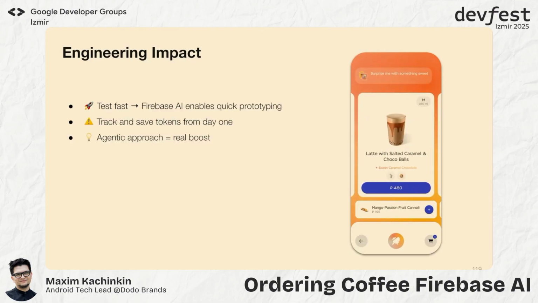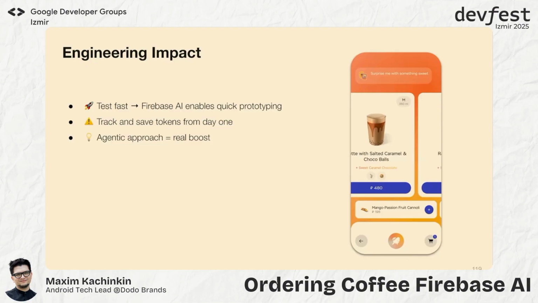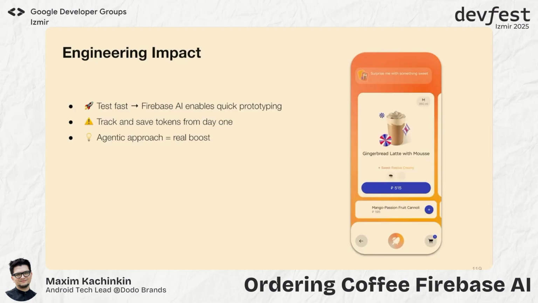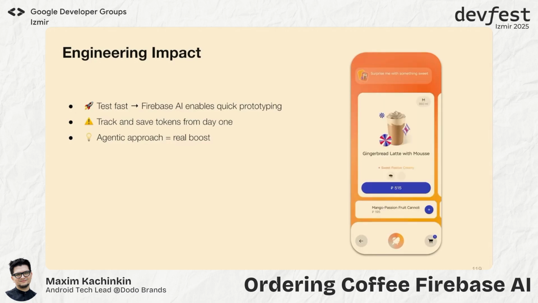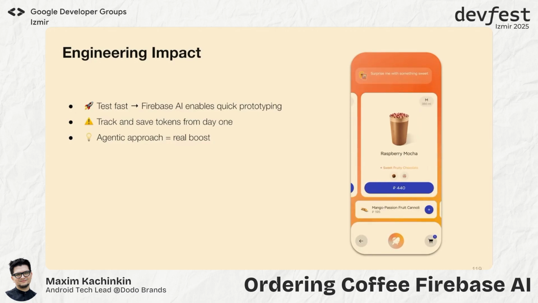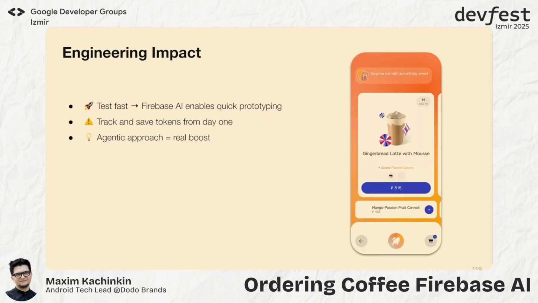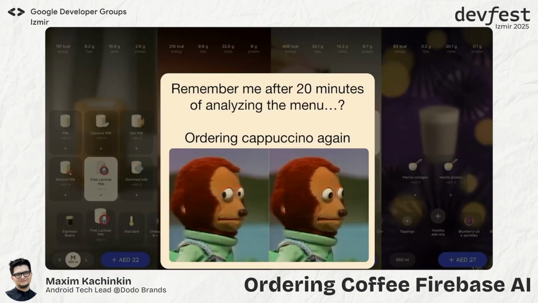Track tokens from day one, track and save tokens as much as possible, because it's a mobile app, it has its adoption in the stores. And the agentic approach that we took was a game changer for us. Please try it if you haven't yet. Inside the mobile app, you can do different stuff. You can try different functions. You can try to decompose it in different ways. And I'm sure you will be amazed at how you can save some tokens.